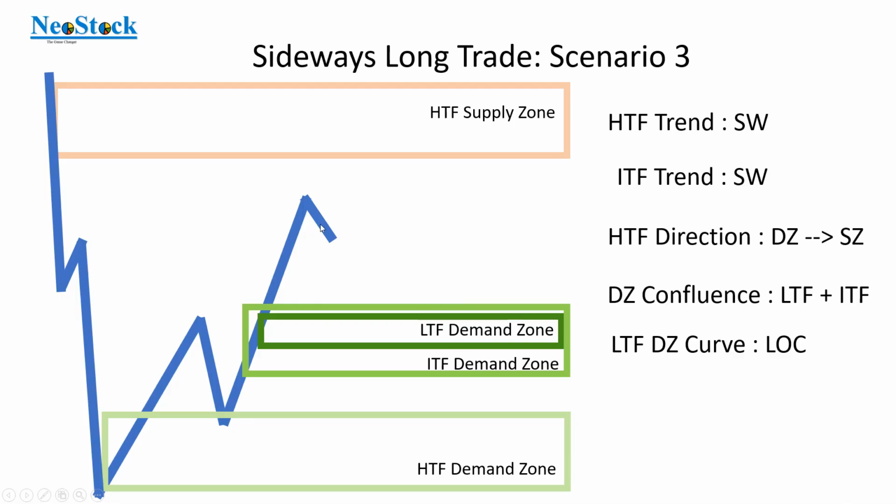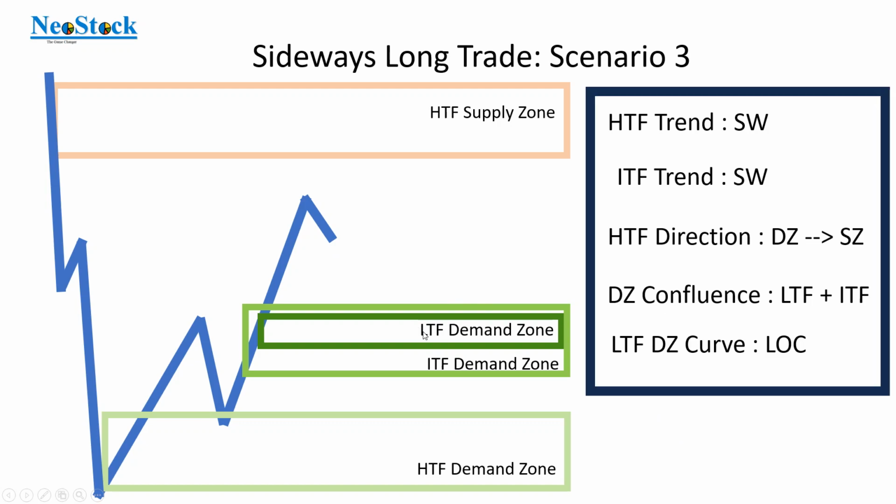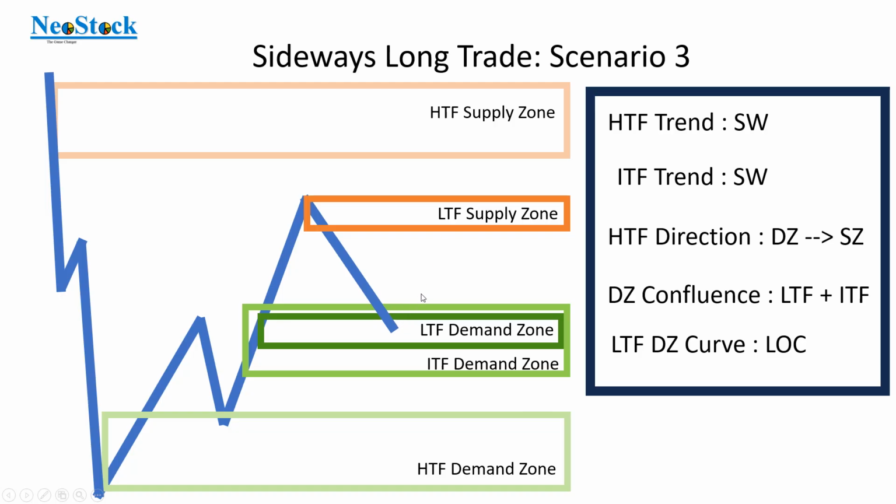And of course, the target zone, once prices reach here, the target should be LTF supply zone. So now let us assume price reached here. Can we plan a trade? If the checklist items are satisfied, whatever you are going to learn in the third part of the video, then definitely you can plan a long trade.